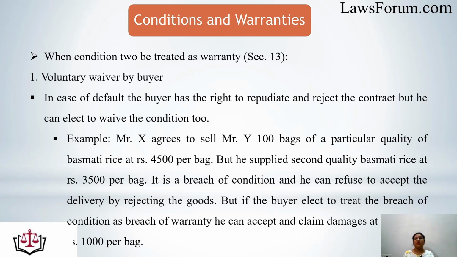That is second quality basmati rice at rupees 3500 per bag. So it is a breach of condition and the buyer can refuse to accept the delivery by rejecting the goods. But if the buyer elects to treat the breach of condition as a breach of warranty, he can accept and claim damages at the rate of the difference, that is rupees 1000 per bag.